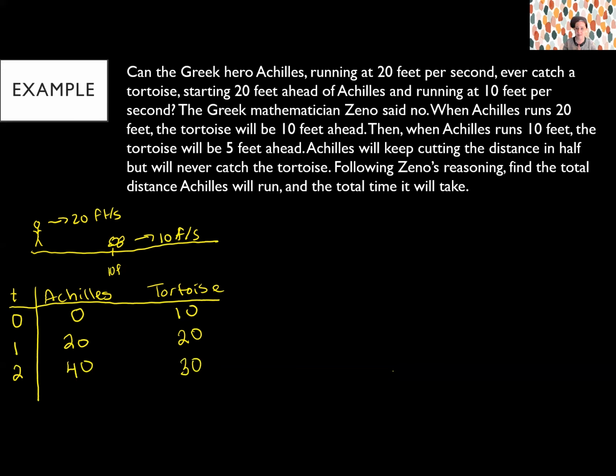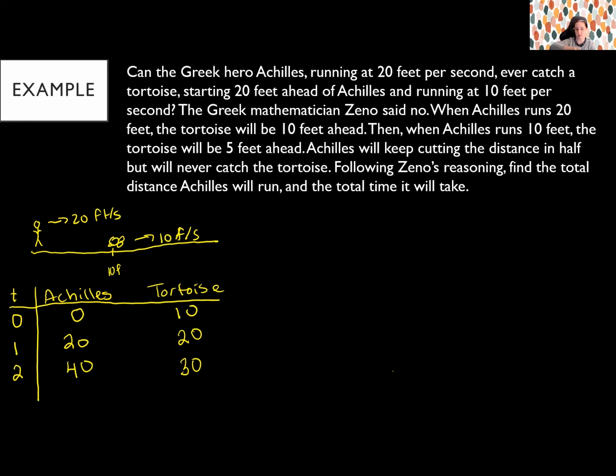But Zeno has this thing called Zeno's Paradox, where he was thinking, in order to reach the 10 feet that the tortoise goes, I have to first go half that amount of time, and then I have to go half again.